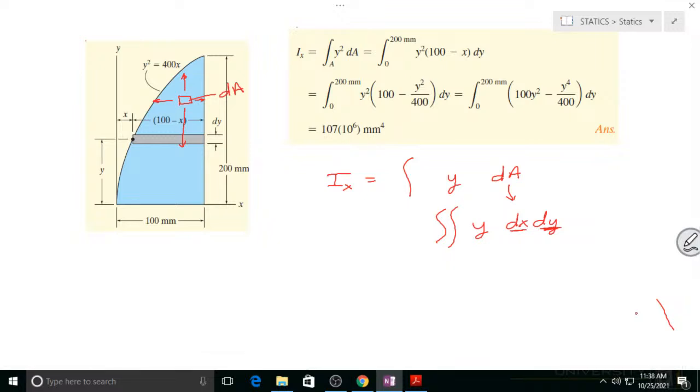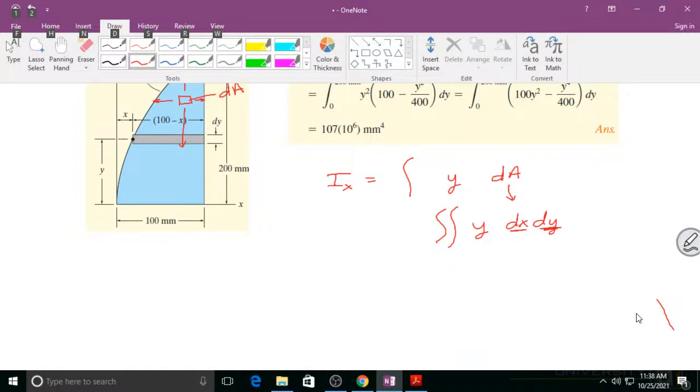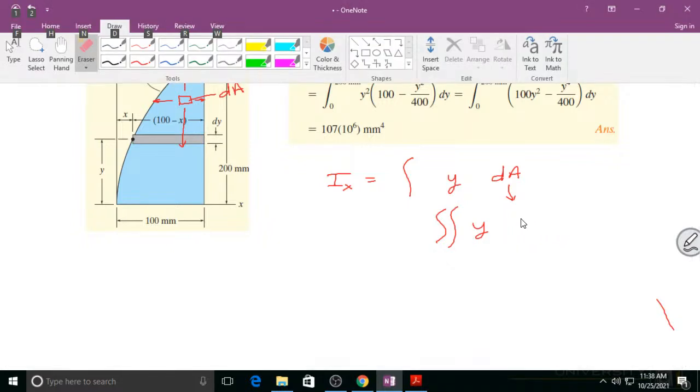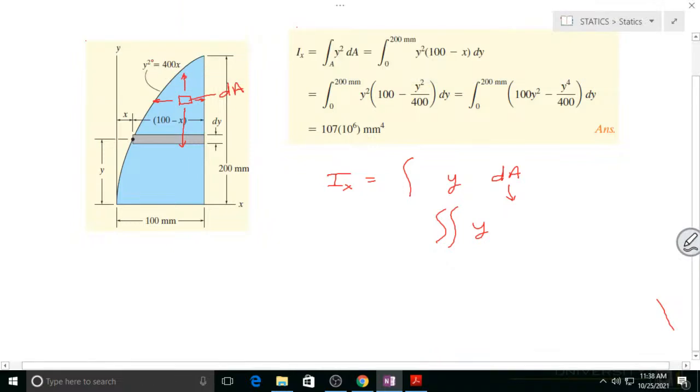In general, it may be better to do it this way. Oh, okay, here.